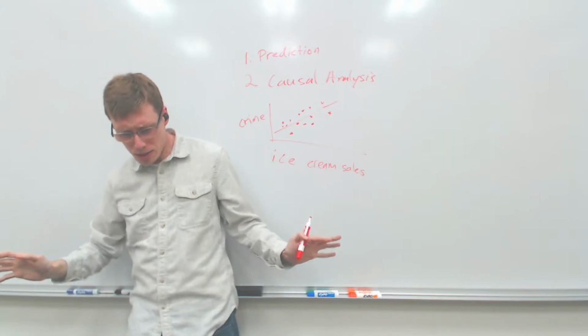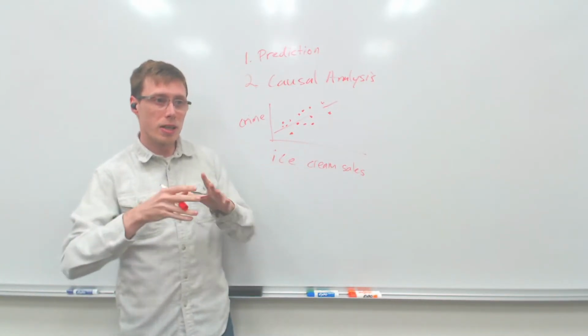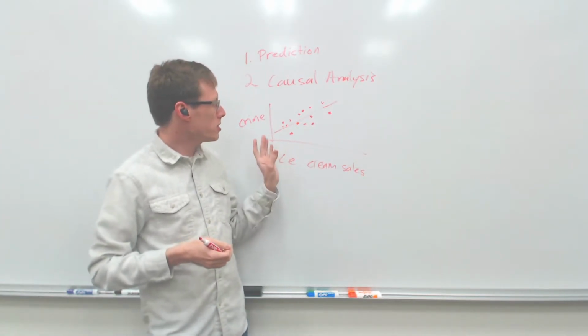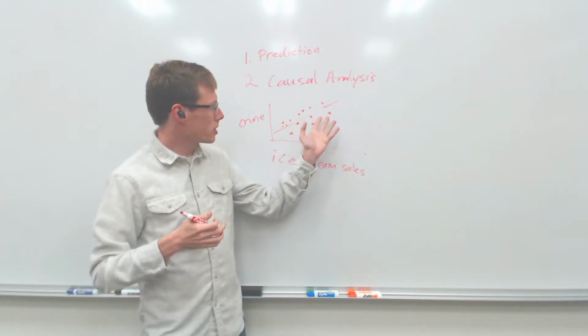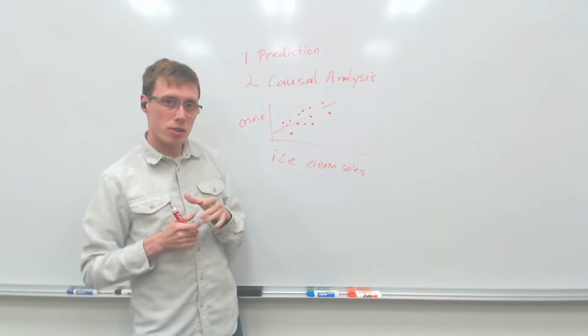But let's suppose, just for the sake of argument, this is over the course of say 1 year in a city where the population hasn't been changing. Now this is a little bit more meaningful. This says that during times, or during days, let's say, with high ice cream sales, you also have high crime.